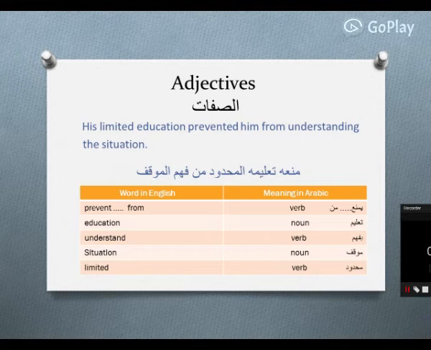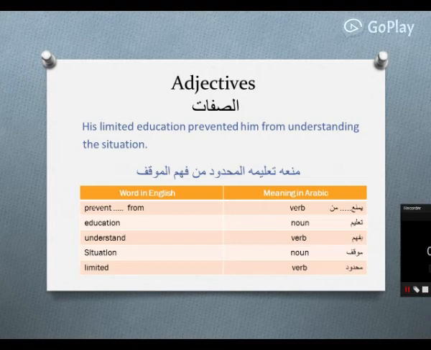So the first thing we do here is that we look for the verb. It is prevented, which means yamna. But here we have the sentence in the past tense, so we use منع, and we use the ha. It's a pronoun for him. منعه تعليمه, which is education, and his. This ha stands for or refers to the possessive adjective his. تعليمه.